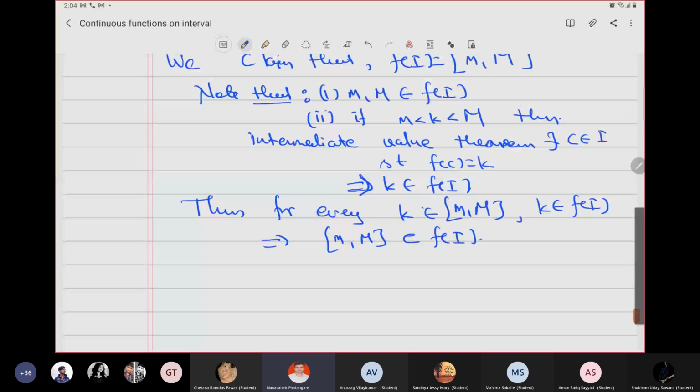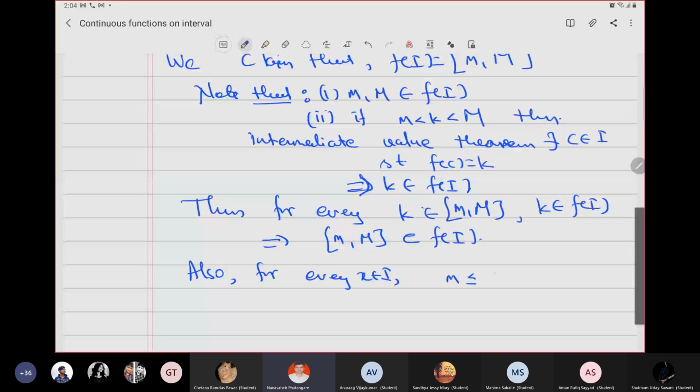Also, for every x in the domain, the value of the function lies between the infimum and supremum.